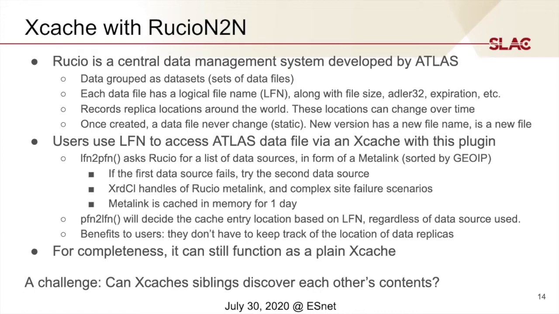But with this plugin, the user does not have to deal with this. They only need to know the logical name in the data sets, and then they access the Xcache using this logical name. Inside the LFN to PFN, we do all this magic with Xroot to figure out where the data source has changed, and if the first data source fails, we try the second data source, and all these kinds of complicated things.